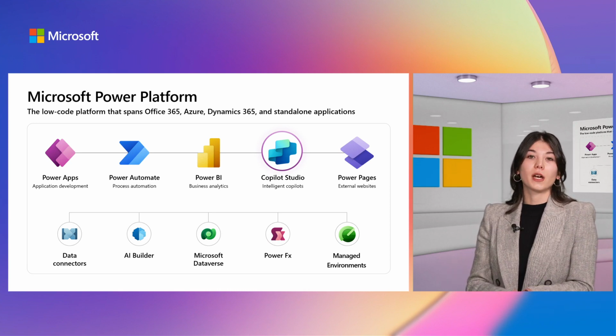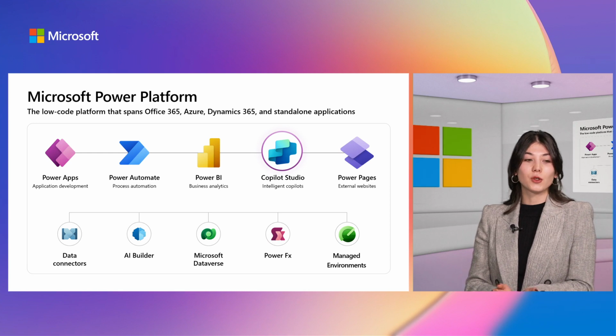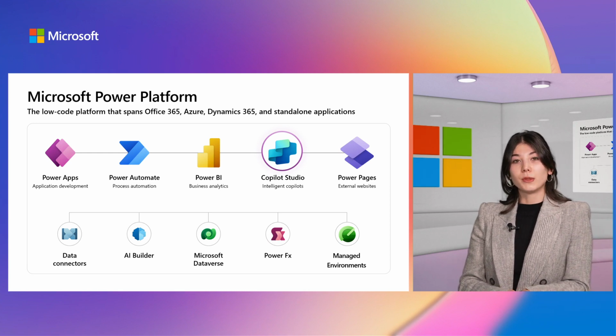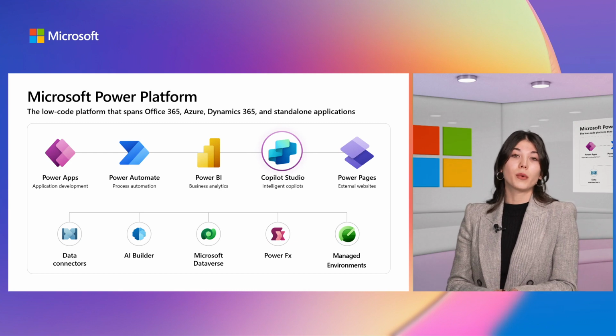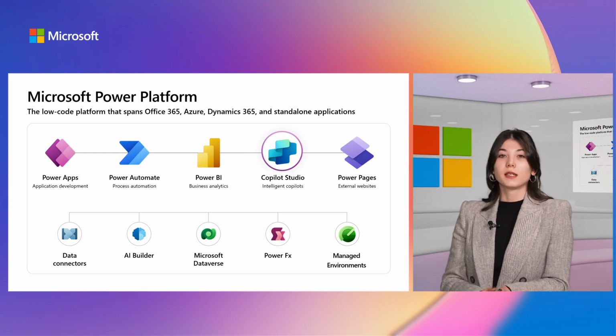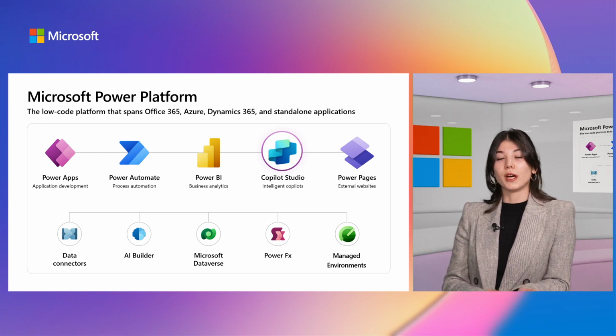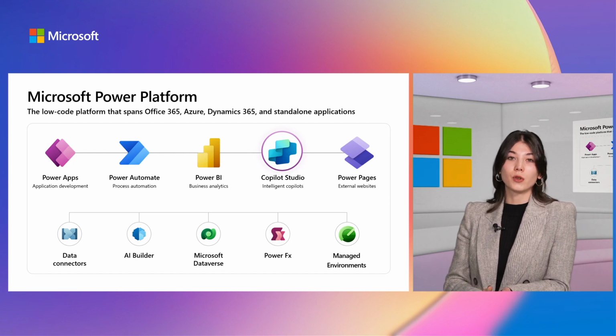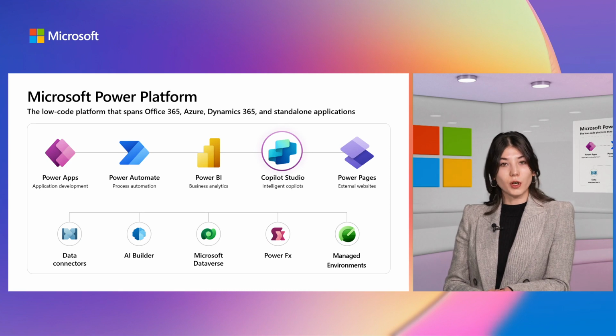So first of all, we have Power Apps. Power Apps allows you to do application development for both web and mobile applications. Then we have Power Automate, which allows you to do end-to-end process automation and hyper automation, ranging from process and task mining to digital process automation and robotic process automation.